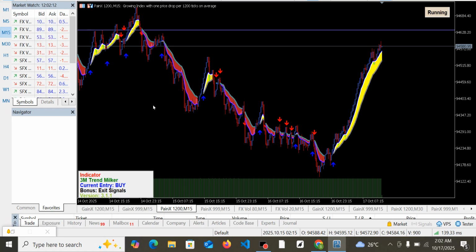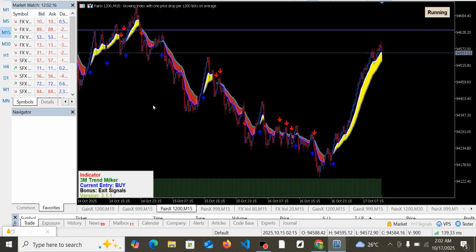And of course, this custom-made indicator makes it very easy for me, so I don't need to be juggling between one time frame and another to do my confirmation all the time. Once you get the trend very well, then you are good to go.